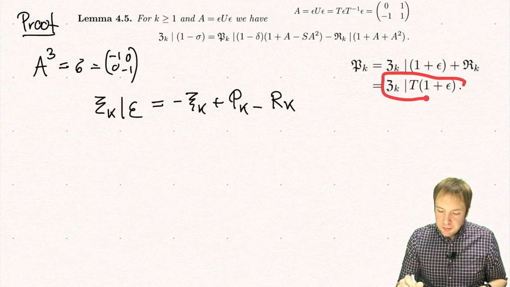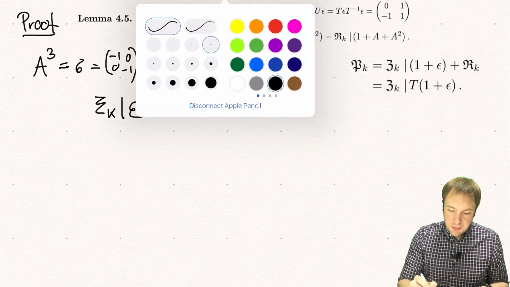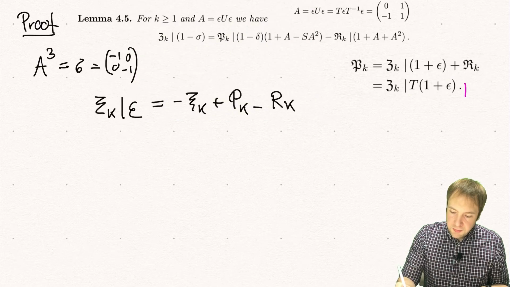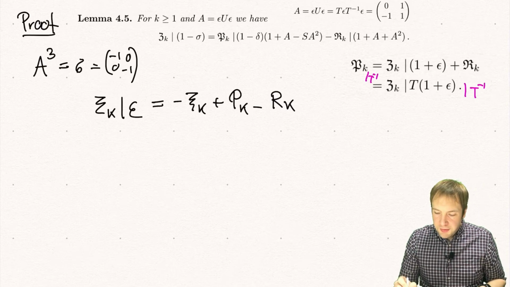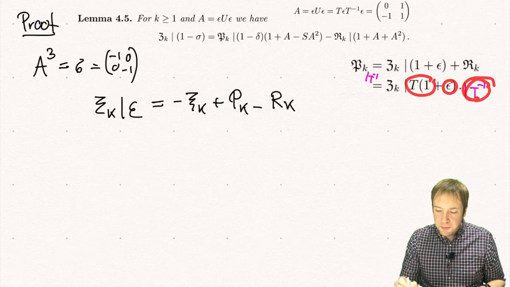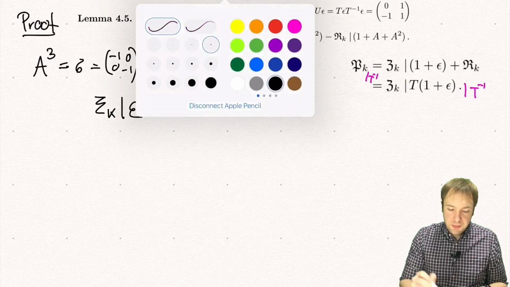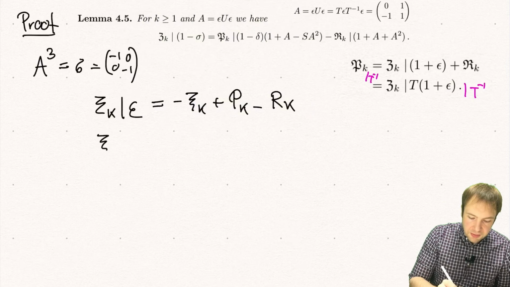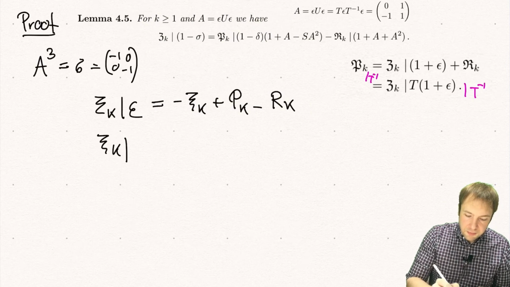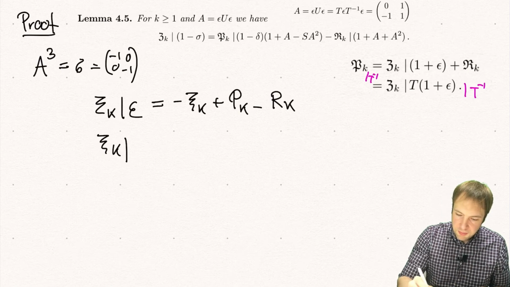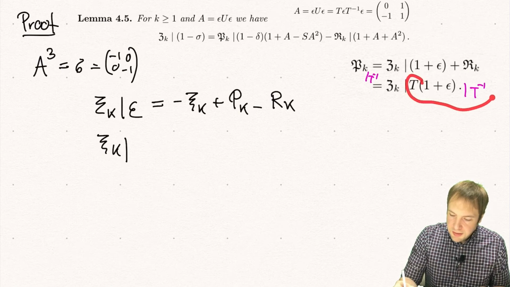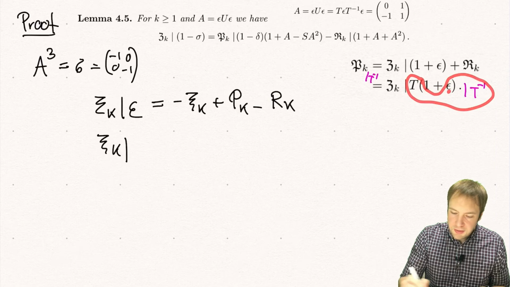And here, if I would act with the inverse of t, then this part here becomes the identity matrix, and here I have epsilon t inverse. So the statement is that here I have t epsilon t inverse.